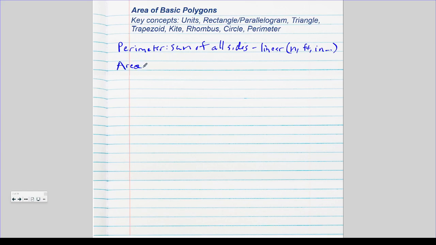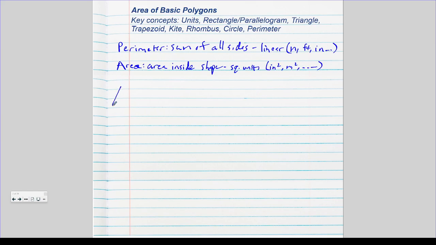So perimeter is going around the outside of the shape and measuring a line. Area is measuring the inside of the shape. I don't like using area in the definition of area, but it's the area inside of a shape, and it's measured in square units.